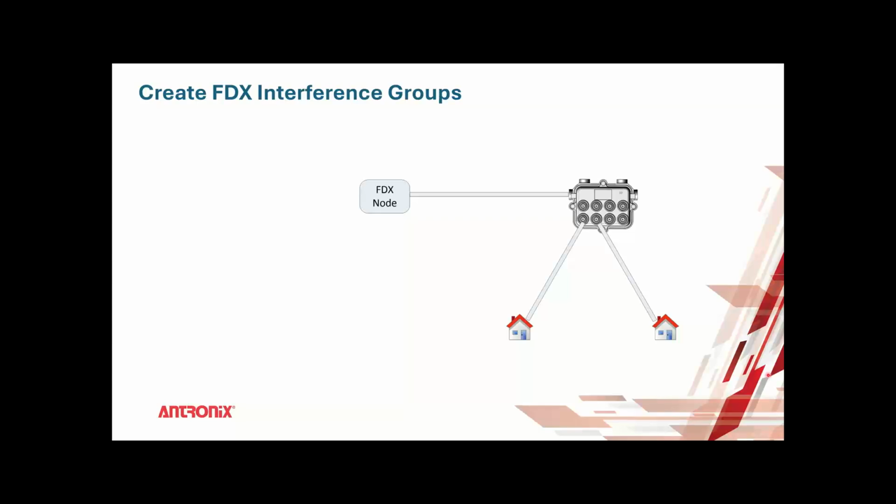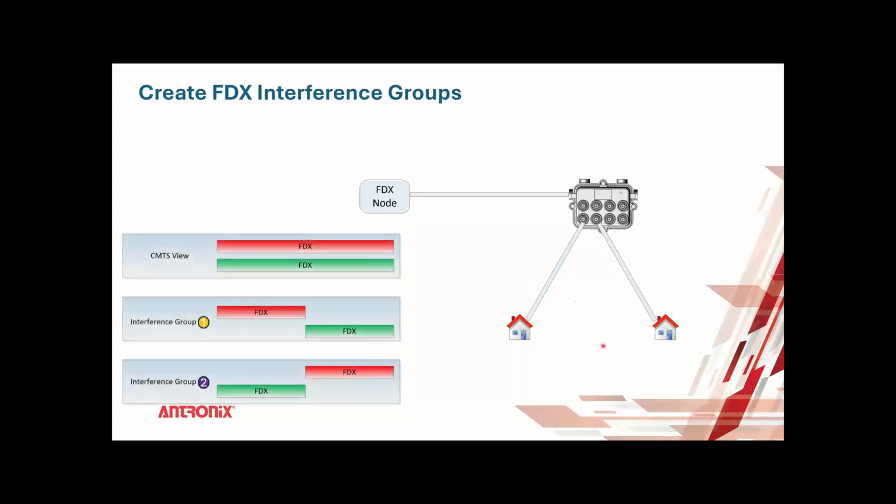So how do we solve this problem? We create what we call interference groups. Because these two homes can potentially interfere, we make sure they don't transmit and receive at the same time. One would transmit at a certain time slot, and another would transmit and receive at a different time slot. So I would assign port home 1 to interference group 1, home 2 to interference group 2.